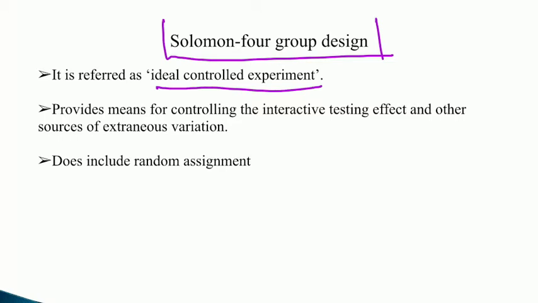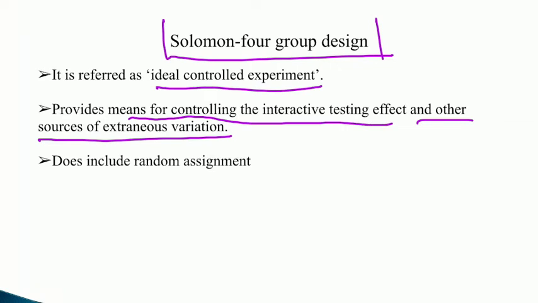So this Solomon four group design is also referred to as an ideal controlled experiment. It provides means for controlling the interactive testing effect and other sources of extraneous variations. Interactive means that whenever you interact with the research group, the control group or the experiment group, that testing effect has to be taken into consideration.